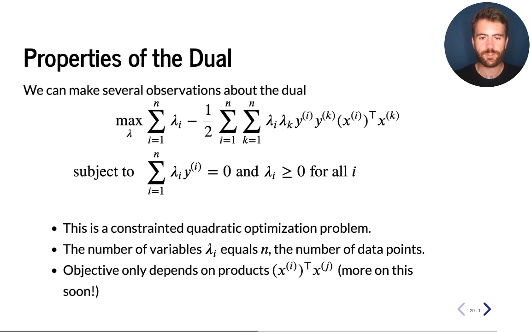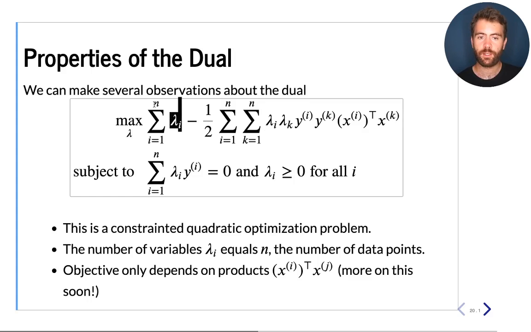Now, let's look at a few properties of the dual. We can make a few observations. The first observation is that this is, again, a constrained quadratic optimization problem. So this is a reasonably good form. Quadratic optimization problems are ones that we know how to solve. It's also interesting that now our optimization variables are the lambdas, and let's look at how many lambdas we have. We have exactly n of them.